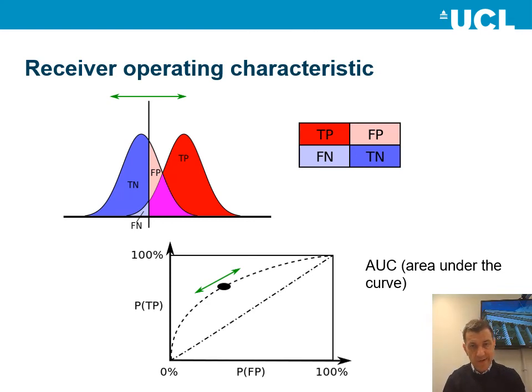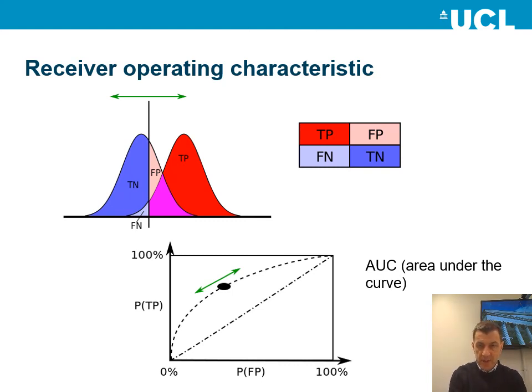So if you're very aggressive, you can call everybody back and you'll have very high sensitivity, but you'll have very low specificity. And if you decide to call nobody back, to be very cautious in that way, then you will have very low sensitivity, but on the other hand, in compensation, you have greater specificity.